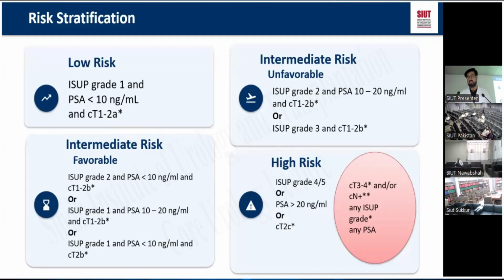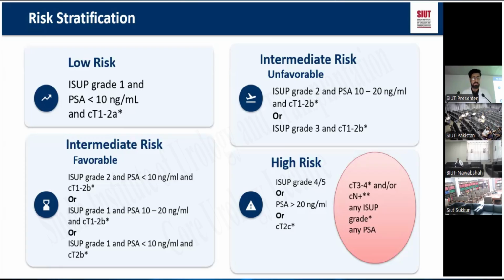The AMICUS risk stratification, we'll only be discussing high risk. That includes ISUP grade 4 and 5 or PSA more than 20 or clinical stage T2c or clinical stage T3 and T4 with or without nodal involvement, any ISUP grade or any PSA.